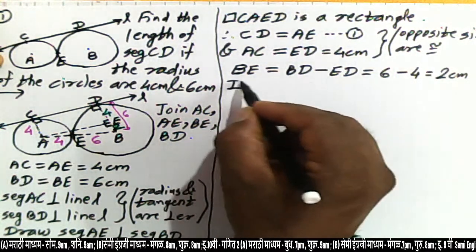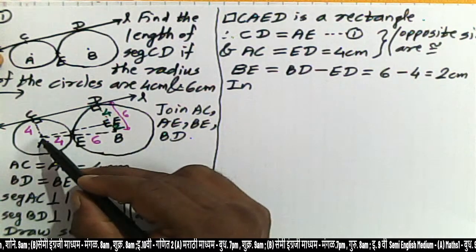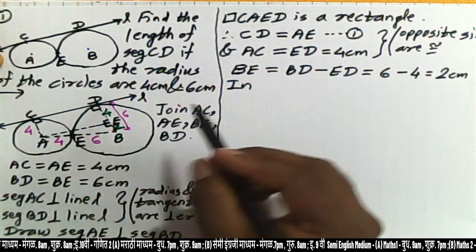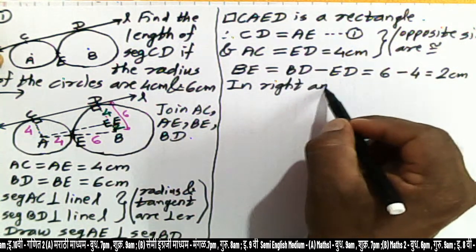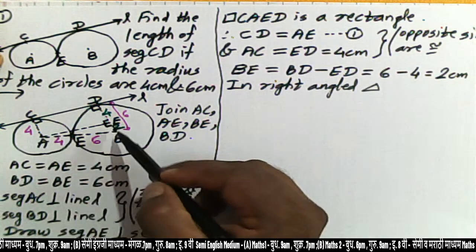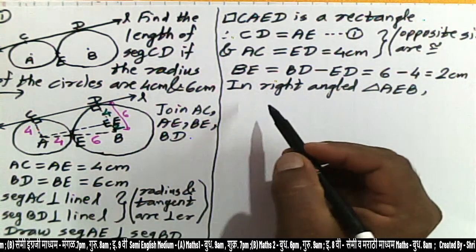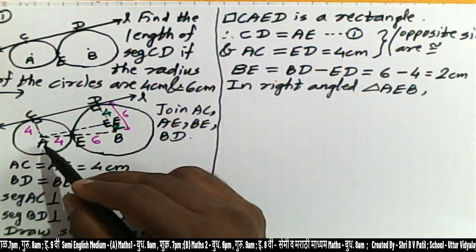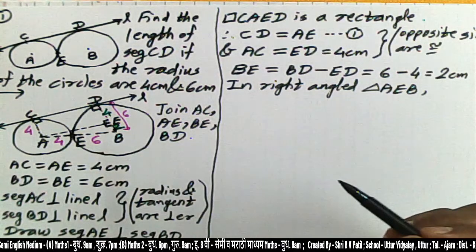Then here this is 90 degree, means triangle AEB. Which type of triangle? That is a right angled triangle, that is AEB. Here the value of AB is essential.